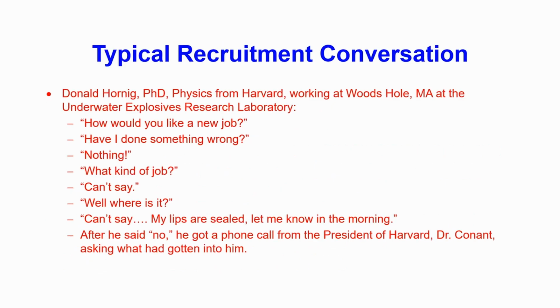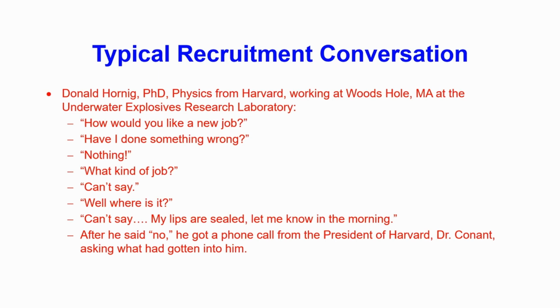Now, I'll give you the typical recruitment. Here is Donald Hording. He has a PhD in physics from Harvard, and he's working at Woods Hole, Massachusetts, in underwater explosive research. His boss comes in to him and says, "How would you like a new job?" And Donald must have said, "Have I done something wrong? Are you firing me?